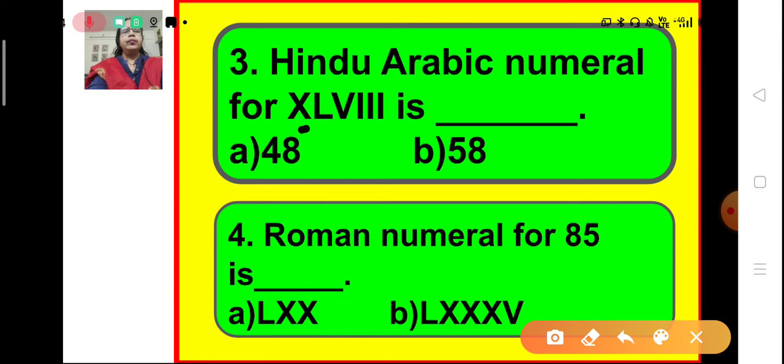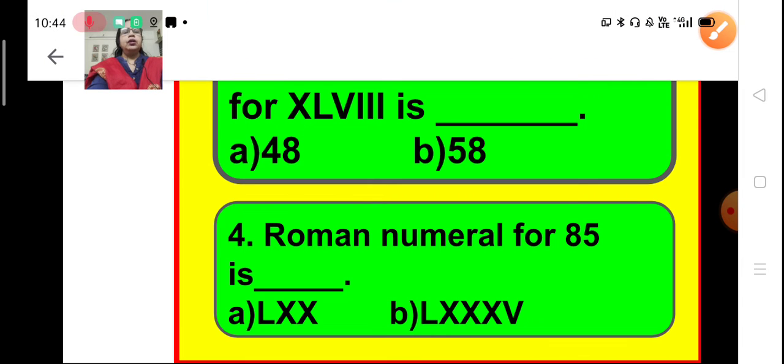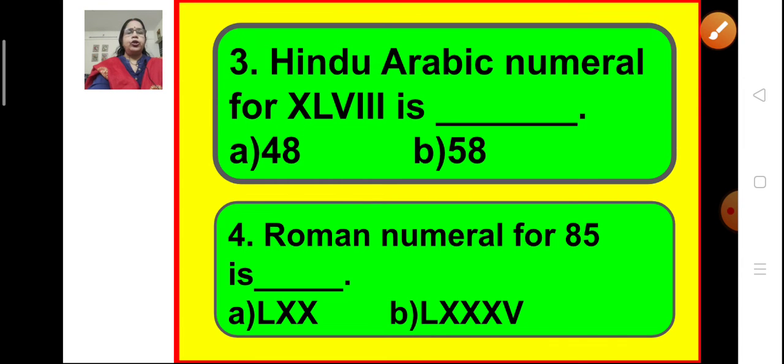L is 50, and X is written to its left, that means X is subtracted from L, that means the number becomes 40. And VII is 5 plus 3, 8, isn't it? So the number is 48. So which is the right option? 48. A is the right option.